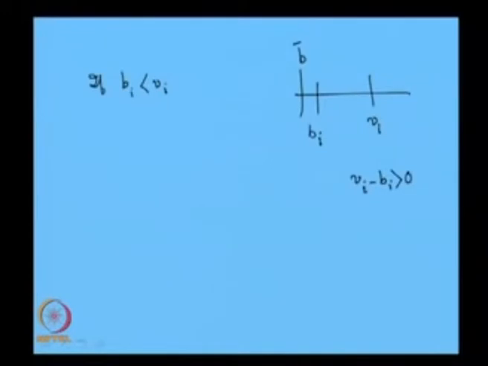So, there are cases where Bi is better than Vi, and if B bar is here, then by bidding Bi you are not getting the object. So, your payoff is 0, but we have seen already that by bidding Vi also the payoff is always 0, and the same logic holds if B bar is greater than Vi. In this case, in both Bi and Vi the payoff is 0.